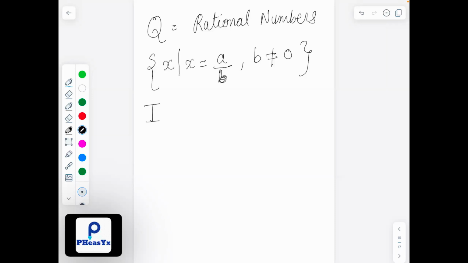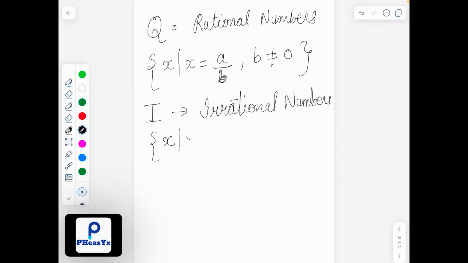Then irrational numbers. We can say the numbers which are not rational numbers are called irrational numbers.